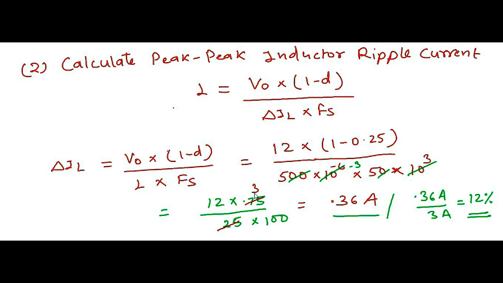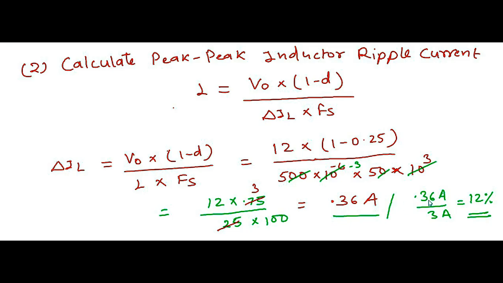So 12 into 3 divided by 100. 12 into 3 is 36, and divided by 100, you're going to get 0.36 ampere. So the peak to peak inductor ripple current is 0.36 ampere. So delta IL is the peak to peak inductor ripple current, which is 0.36 ampere.